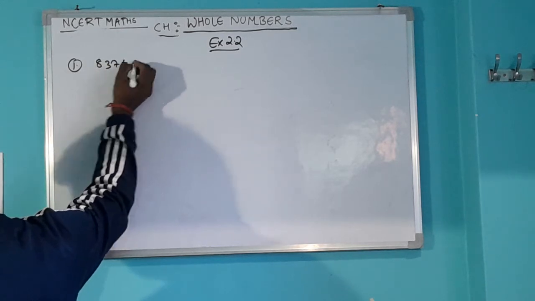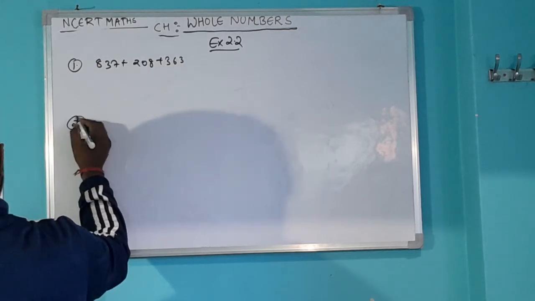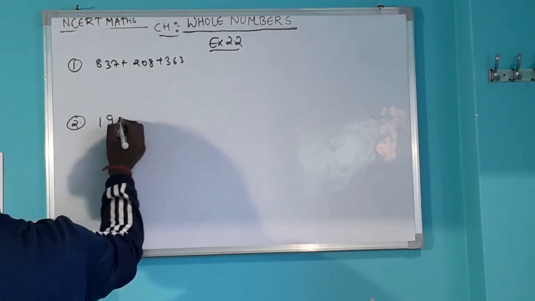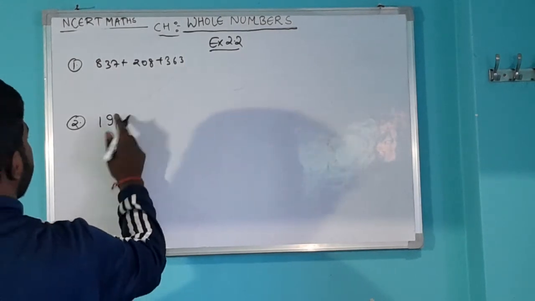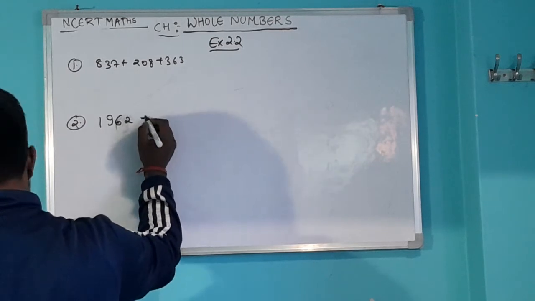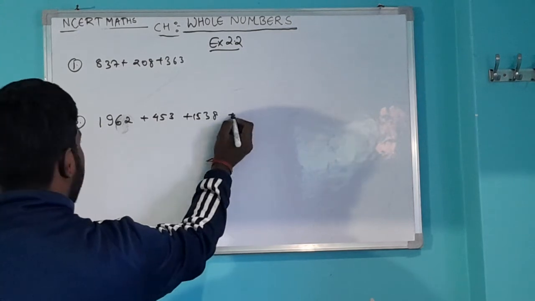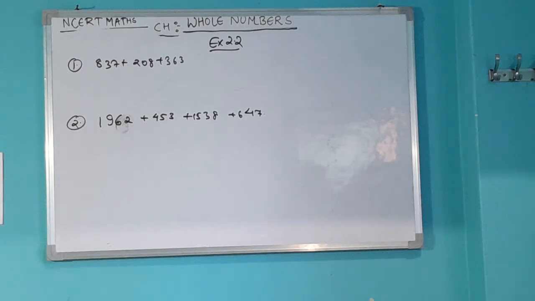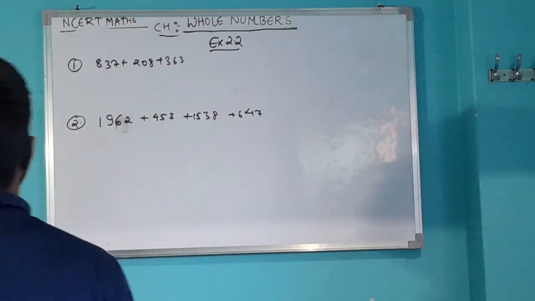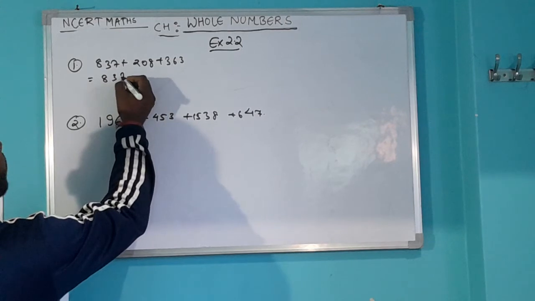We need to write our first question. 837 plus 208 into 360 is our first part. Our second part is 962 plus 453 plus 1538 plus 647. We simplify it by adding these numbers very easily by taking two parts.